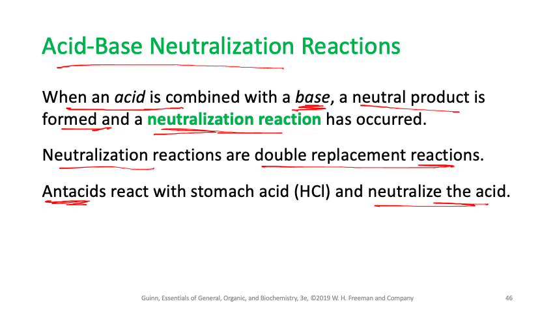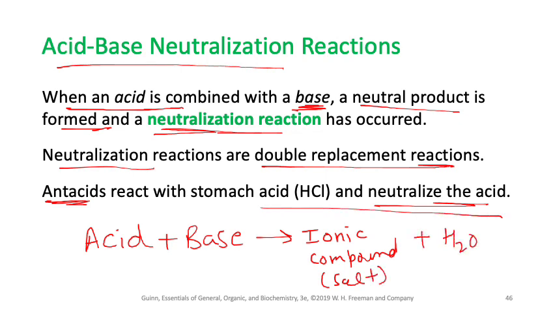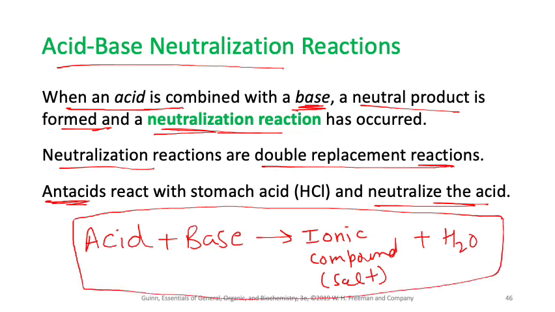So in neutralization reaction, you always mix an acid with a base. You get an ionic compound, basically a salt, and water. This is basically a neutralization reaction for acid and base, and we're gonna just use several examples to see what kind of product they can make and how they can neutralize each other, the acid and base.